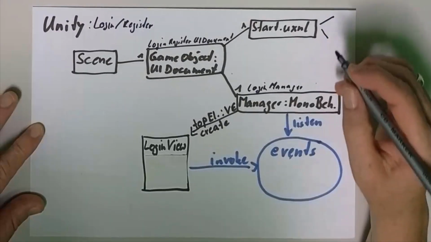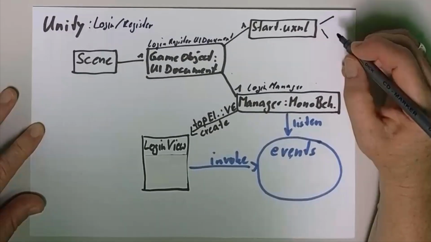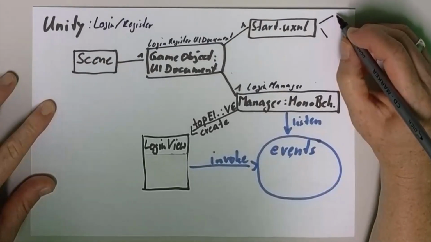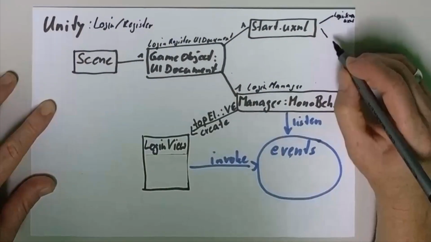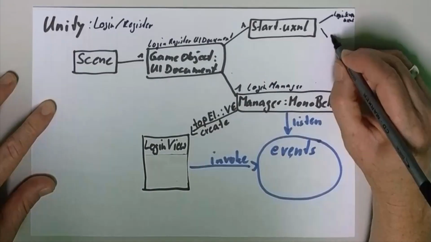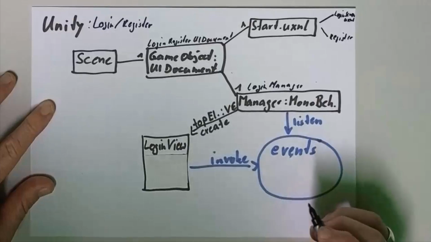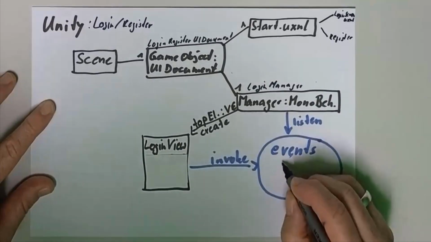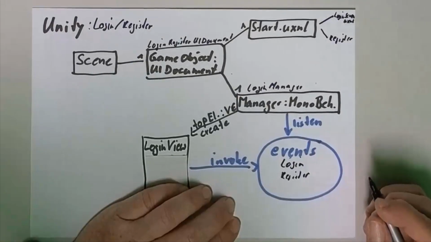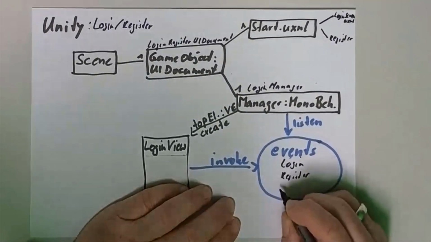So after these considerations, we know we need some sort of login screen UXML and some register or registration screen UXML. And we have the events login, register, and login screen selected with a Boolean.